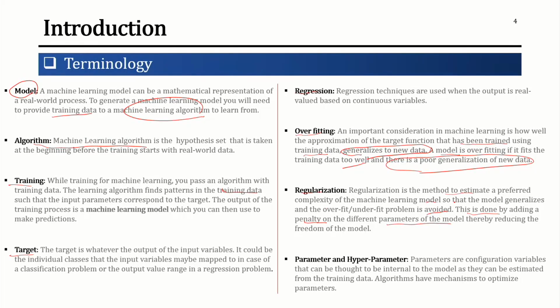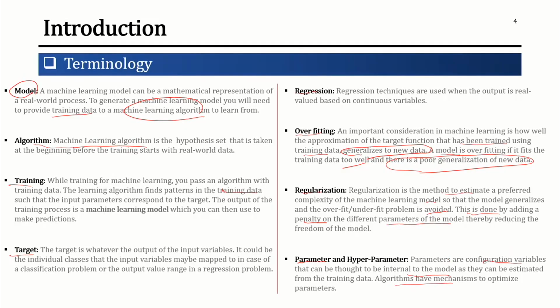In the model, it uses different types of learning algorithms, so it has some parameters, or what we call parameter tuning. Parameters and hyperparameters are configuration variables that can be thought of as internal to the model, as they can be estimated from the training data. The algorithm has mechanisms to optimize parameters.